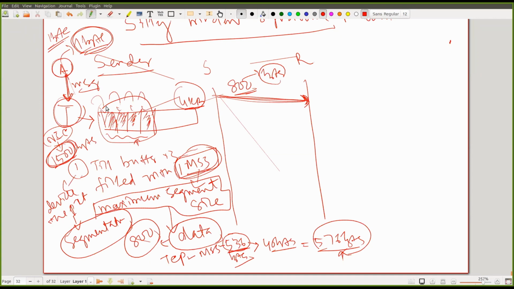Instead of sending the data immediately, if the application layer is generating the data slowly, what is the sender going to do? The transport layer of the sender accumulates the data in the buffer, and once the buffer is filled with one MSS, that data is sent as a packet.